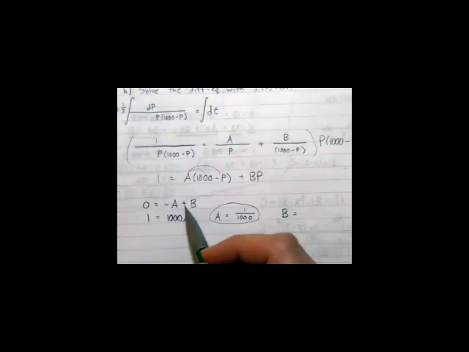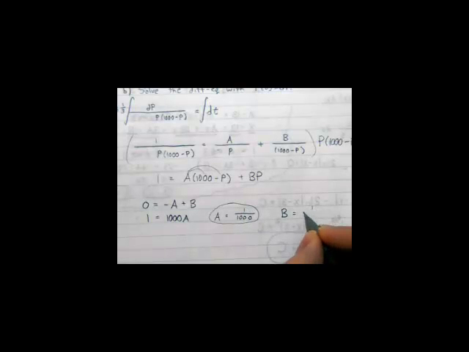Is 1 over 1,000? What's b? It has to equal 0. Negative 1 over 1,000 plus what? 1 over 1,000 again, right? Okay, so my two parts I'm going to use for this thing.